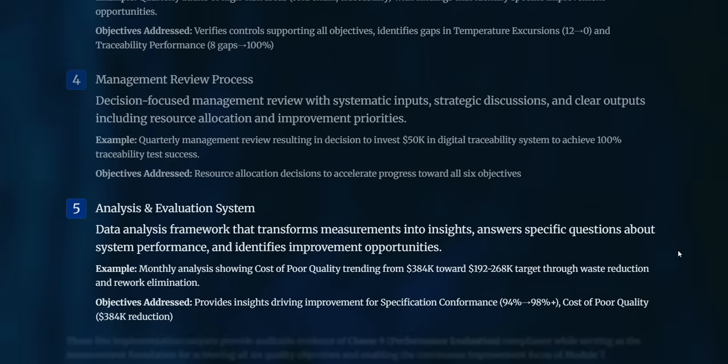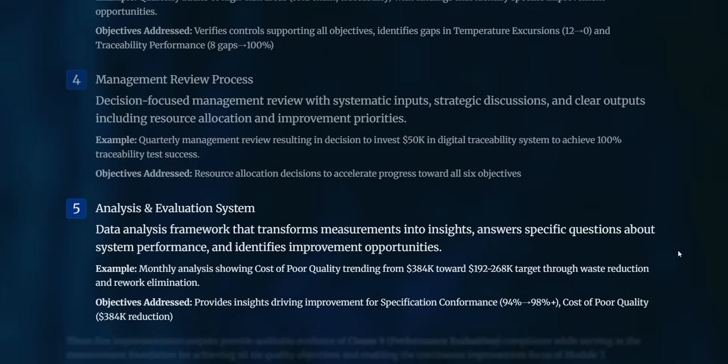The fifth output is the analysis and evaluation system. The analysis and evaluation system must be a data analysis framework that transforms measurement into insights, answers specific questions about system performance, and identifies improvement opportunities.